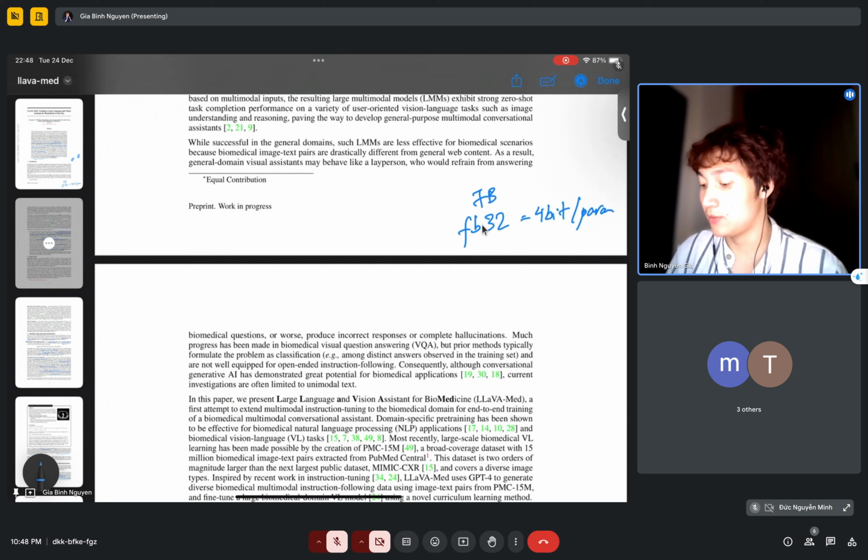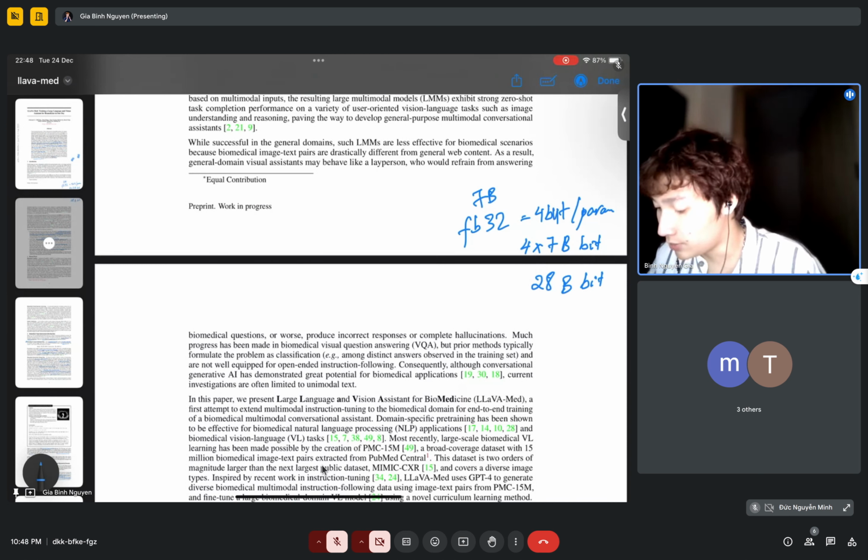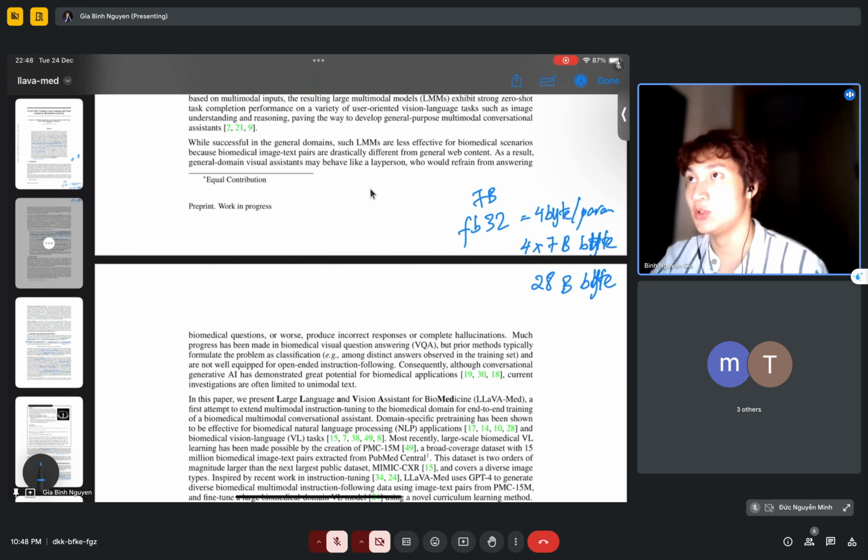So with 7 billion parameters, we can convert to megabytes or gigabytes, and you can calculate the space we need to run this model.